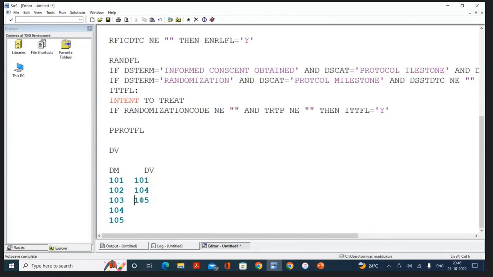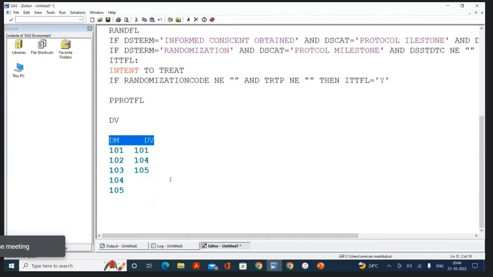So now I'm going to try to merge DM and DV. When we merge DM and DV, where should the observation be present and where should it not be present? It should be in DM, and should not be in DV. So what is the merge that you will do now? Tell me. You should do a left outer join.